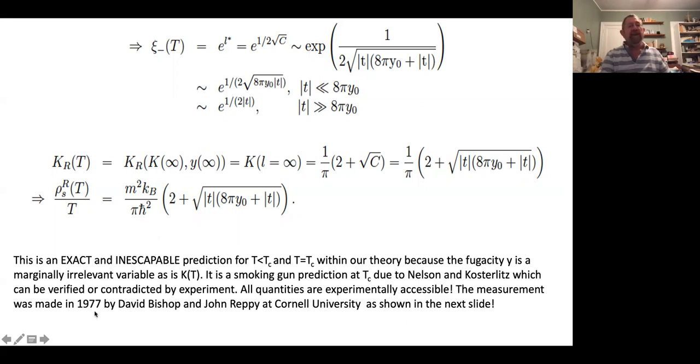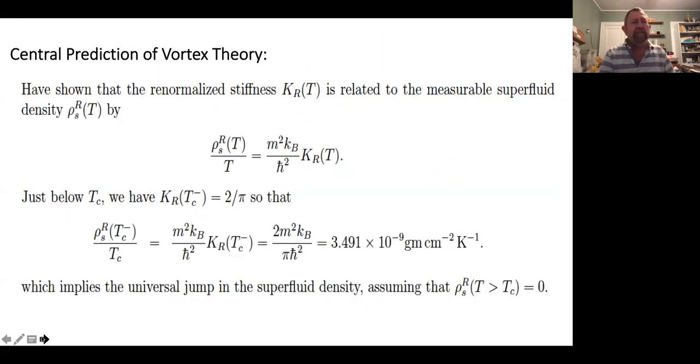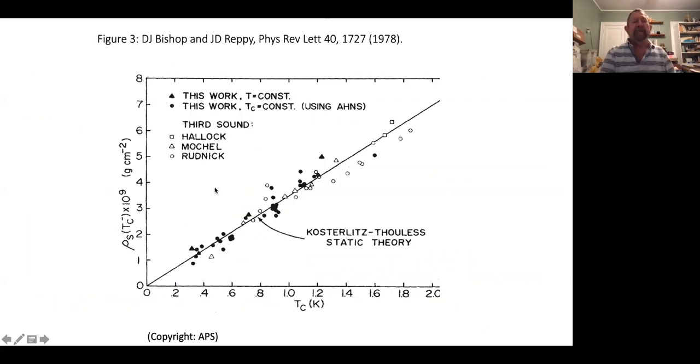And this measurement was made in 1977 by David Bishop and John Reppy at Cornell University. It is shown in the next slide. There it is. Okay, so this is the superfluid density just below TC, in units of grams per square centimeter, as a function of TC.